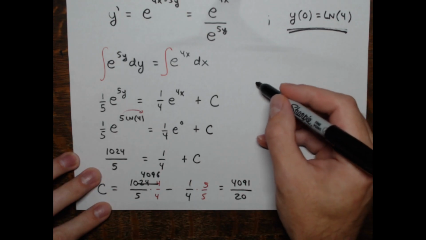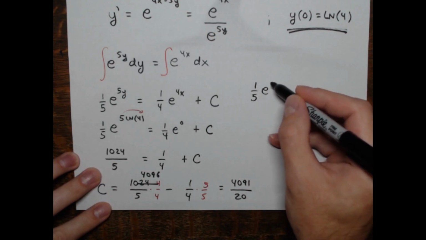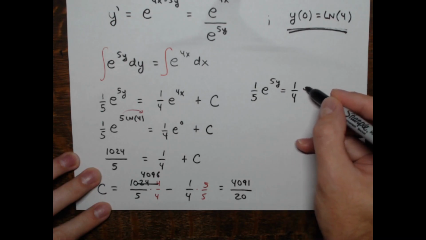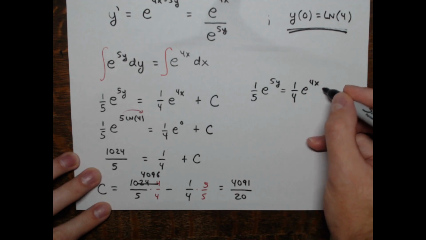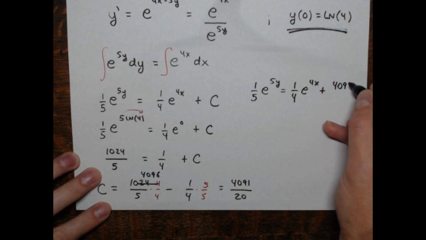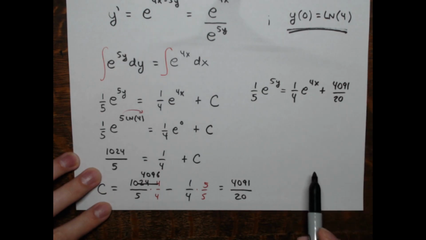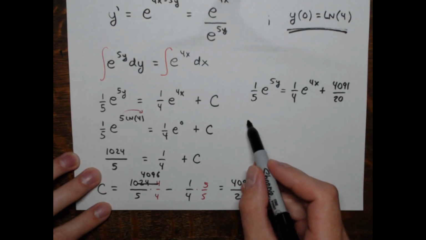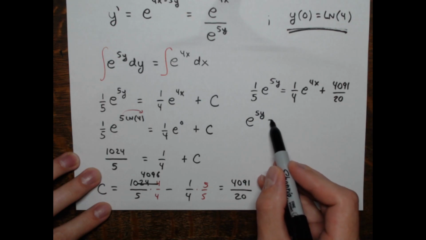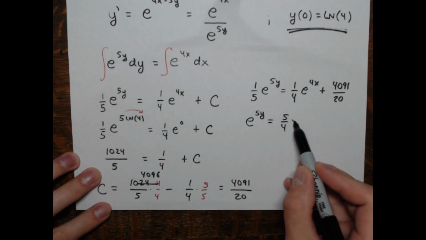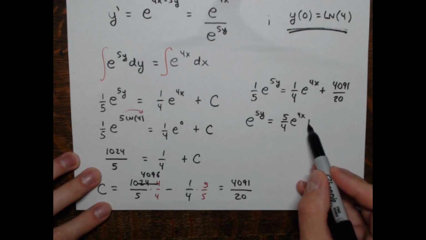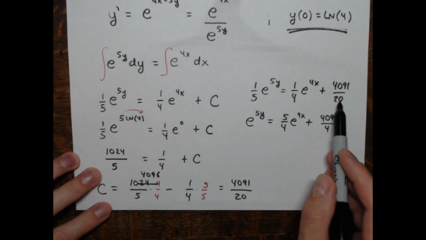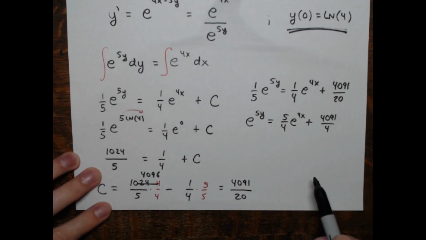Okay, so now we have 1/5 e to the 5y equals 1/4 times e to the 4x plus 4091 twentieths. So I'll multiply everything by 5. E to the 5y equals 5/4 times e to the 4x plus 4091 fourths, because 5 goes into 20 four times.